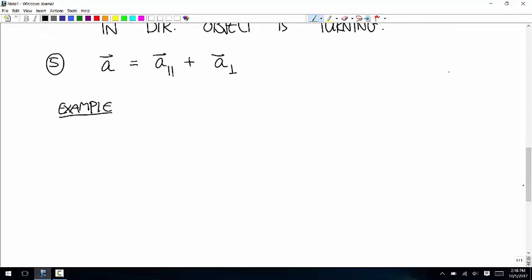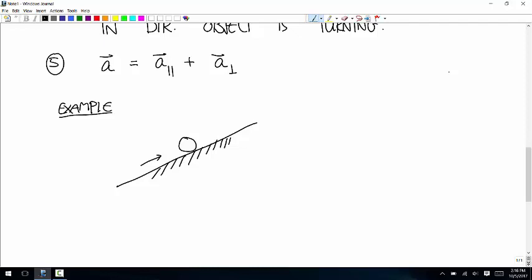Okay, so first let's imagine a ball rolling up a ramp, and it's under the influence of gravity. So we want to try to figure out what the total acceleration vector looks like.